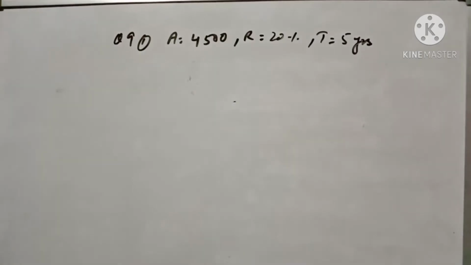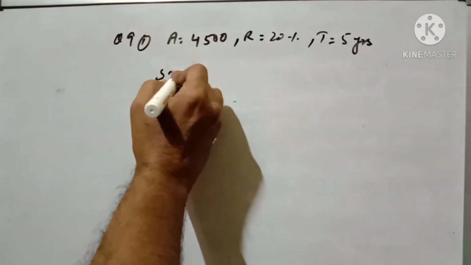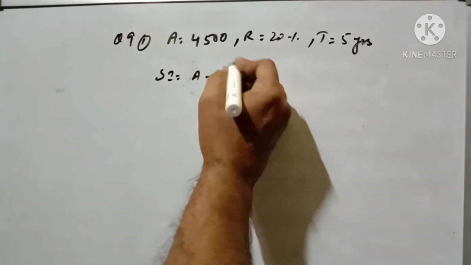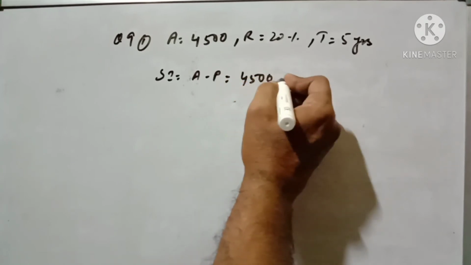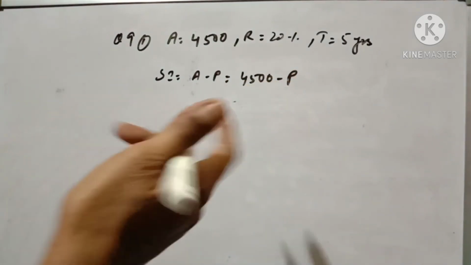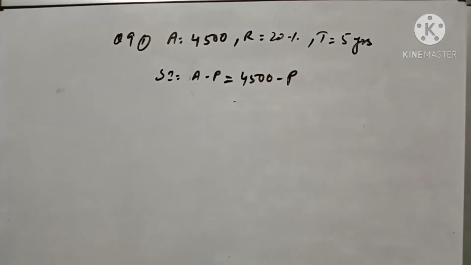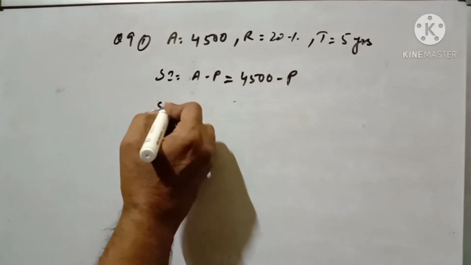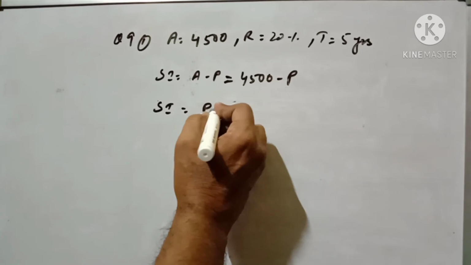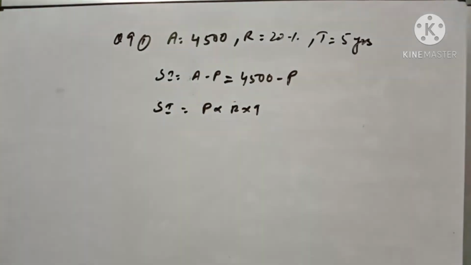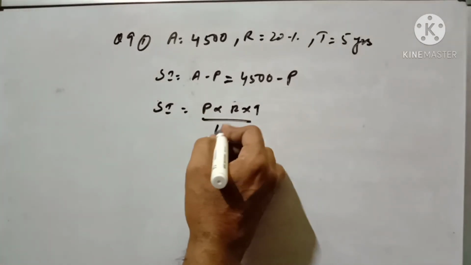Now, as we know, SI equal to A minus P. Our A is 4500 and P is not given, so let it remain the same. So I can write SI equal to P into R into T by 100.